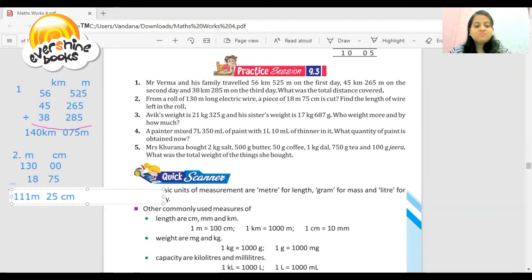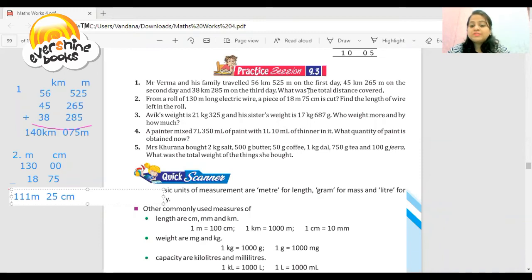Now in meter form, first day 525, second day 265 and third day 285. So now you have to add all three numbers, okay? So your answer is 140 kilometer 75 meter.